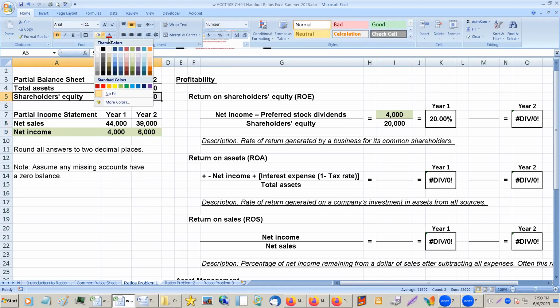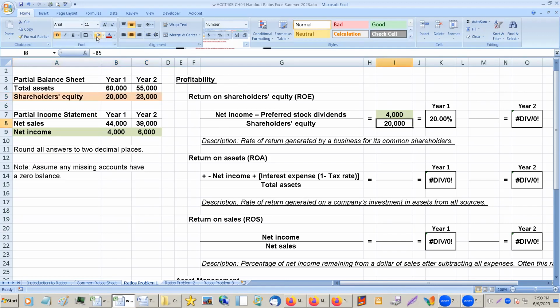Let's make that orange. Okay, year 2, same thing. We have net income of 6,000 and shareholders' equity of that.